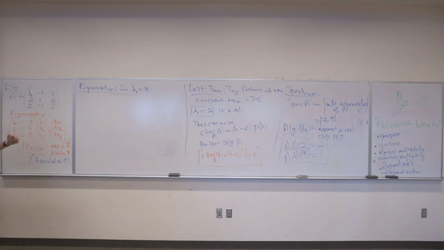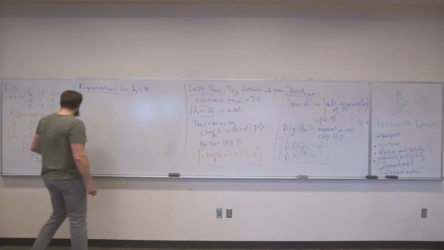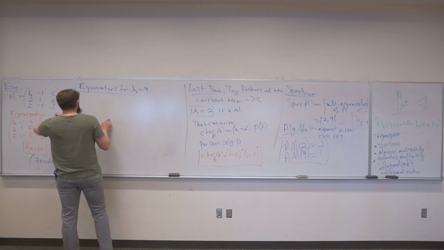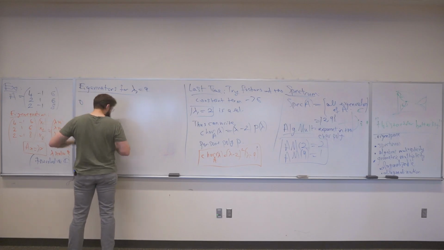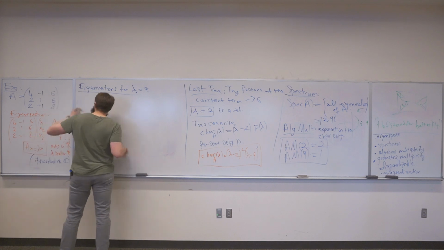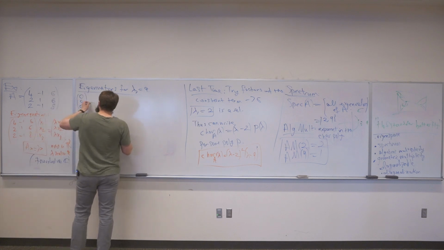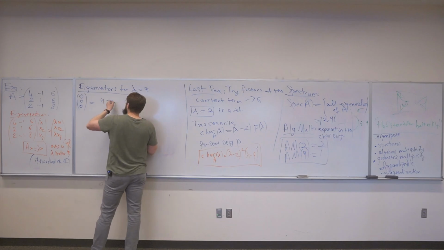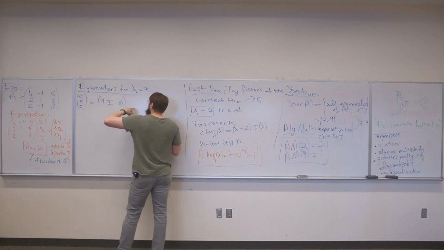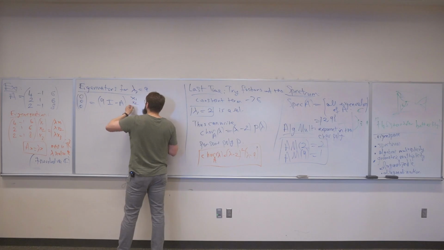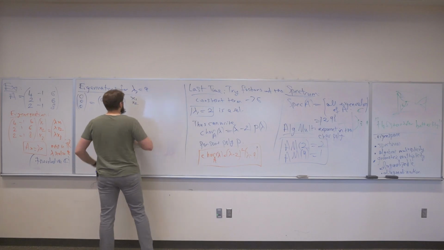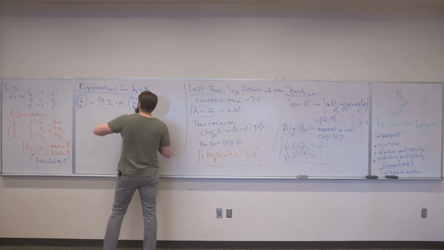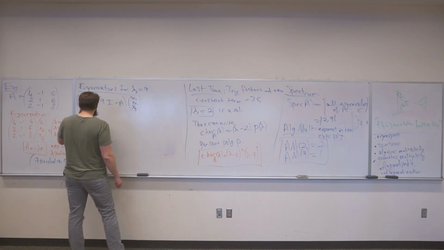How do I find eigenvectors? I go back to the eigenequation. I plug in lambda equals 9 and solve. Now, at this point, you can use row reduction. And so, what do I want? I want 0, 0, 0 equals 9 times identity minus A multiplied by x1, x2, x3. Let's open this up slowly.